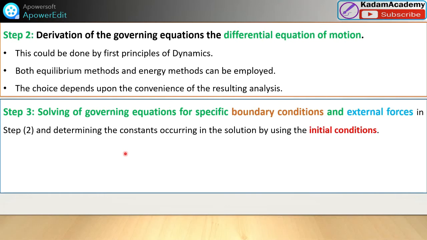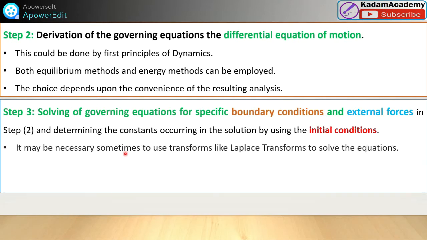Considering the initial conditions, utilizing these various techniques, we can solve that governing equation. For some complicated equations, computer programs are also used.